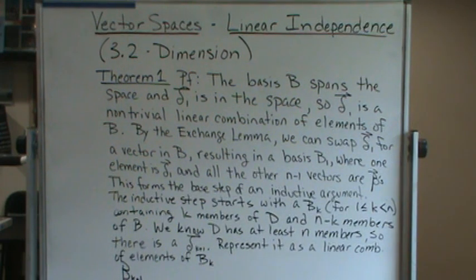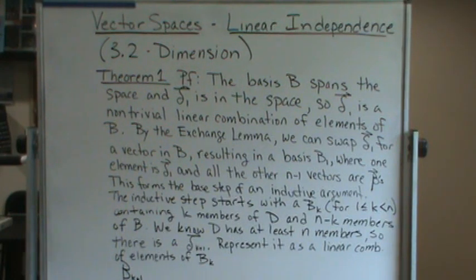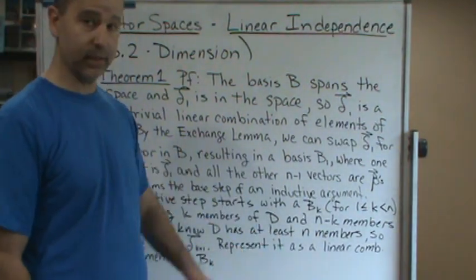Now, here's the thing. Once we do that, D cannot have more than these n vectors, because any delta vector n plus 1 that remains would be in the span of B sub n, since remember, B sub n is a basis, and hence would be a linear combination of the other deltas, which would contradict the fact that we're assuming D is linearly independent.